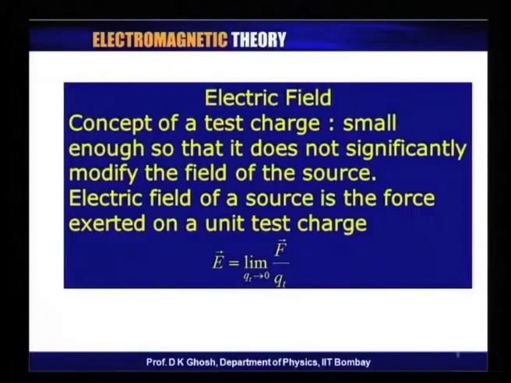So, the electric field of the source charge, which I called q there, is the force exerted on a unit test charge. The formal definition is E is equal to the limit as q test goes to 0 of the force F on q test divided by q test. Obviously, such a definition does not depend upon the magnitude of the test charge itself.